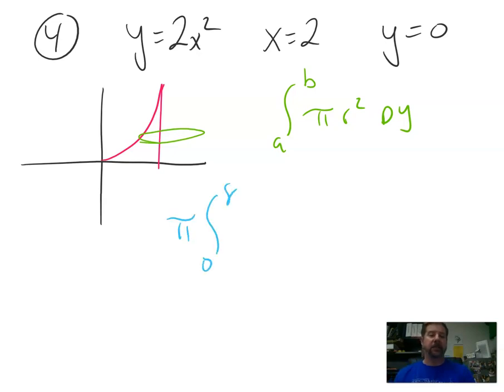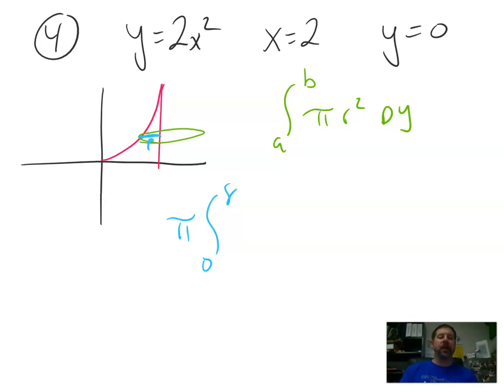Again, I can bring that pi on the outside, but I need to find my radius. Our radius is right here, that little chunk right there. If we're tilting our head to the right, like we should when we integrate with respect to y, you will see that 2 is the top function, and the parabola is the bottom function.